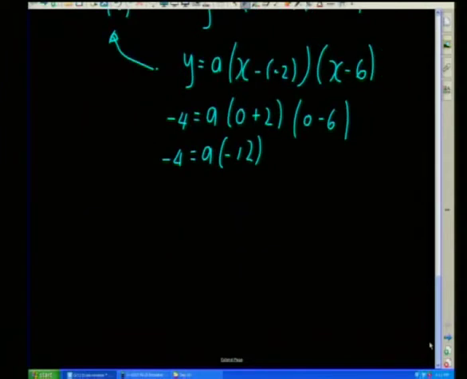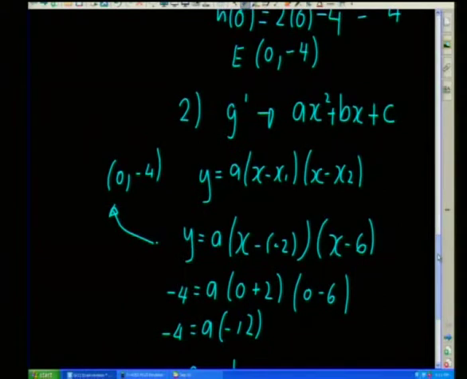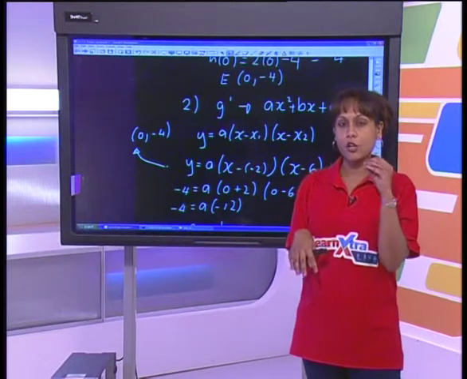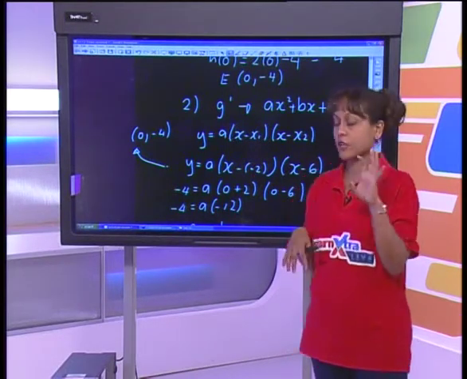All right, and then dividing both sides by minus 12, I will get that a is equal to a third. All right, so guys, we used that equation, y is equal to a times (x minus x1) times (x minus x2), to help us find the coefficient of x squared, to help us find the value of a.